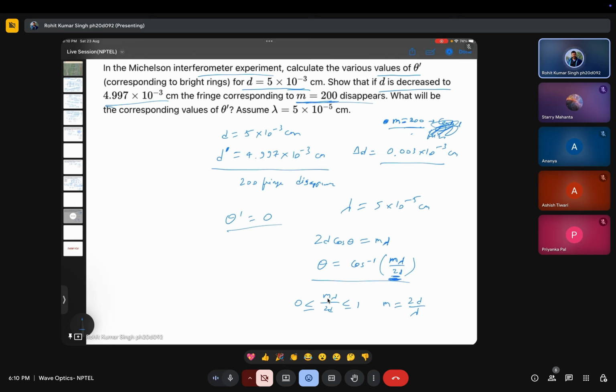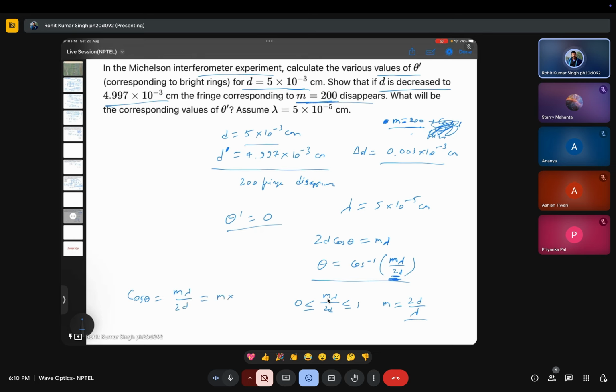And d is given here and lambda is also given, so we can calculate that. So then cos theta is equal to basically m lambda by 2d.